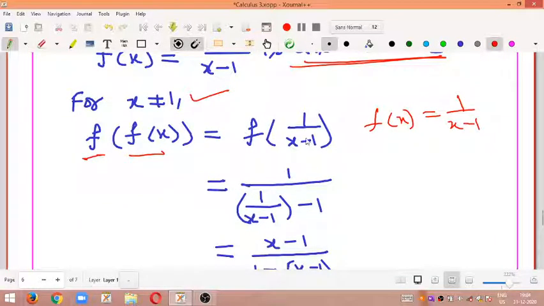According to this function, f of x is equal to 1 by x minus 1 is defined. For this purpose, instead of x, the total 1 by x minus 1 is there. So f of f of x is 1 by (1 by x minus 1) minus 1.